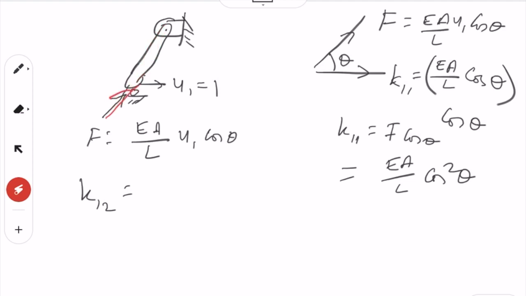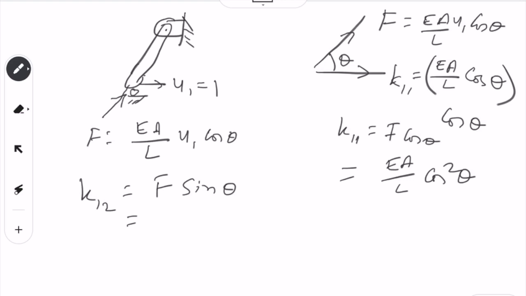Because of the compression, the force that is needed to compress so much is equal to EA over L u1 cos theta, and the component of this in this direction you multiply by cos theta again, and hence you get this one. If you want the component of this force in the upward direction, it will be simply F sine theta, and F we have equal to this, where u1 equal to 1.